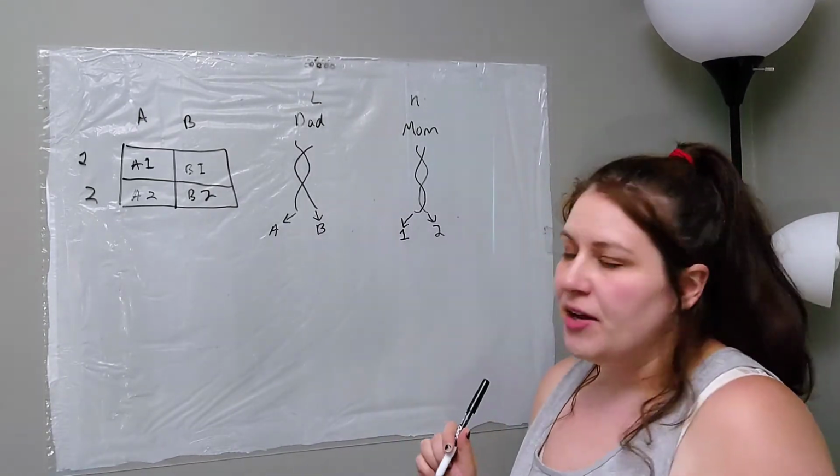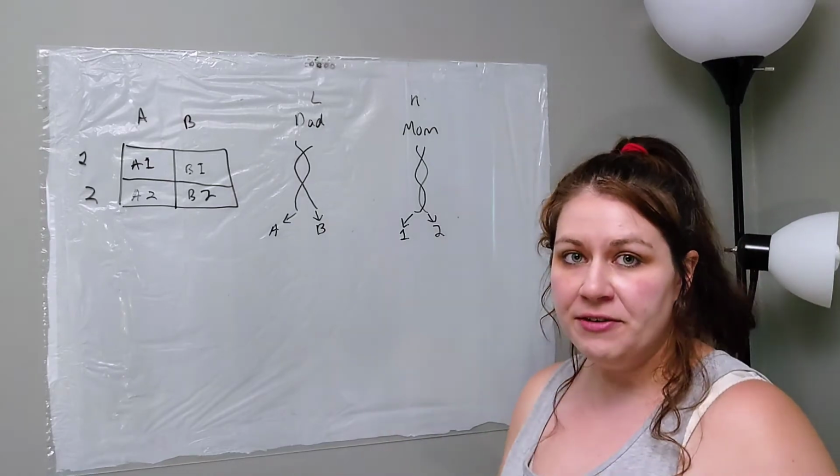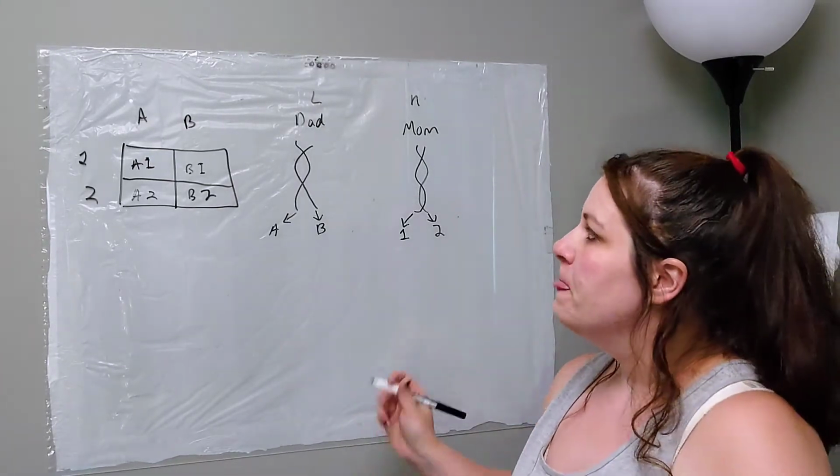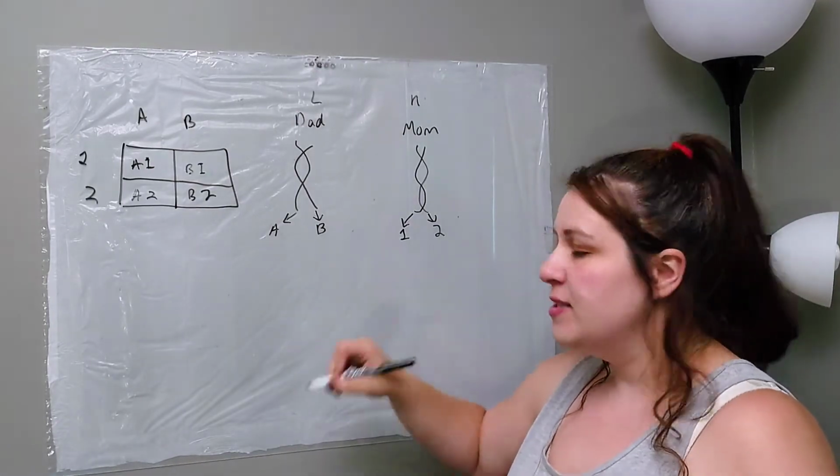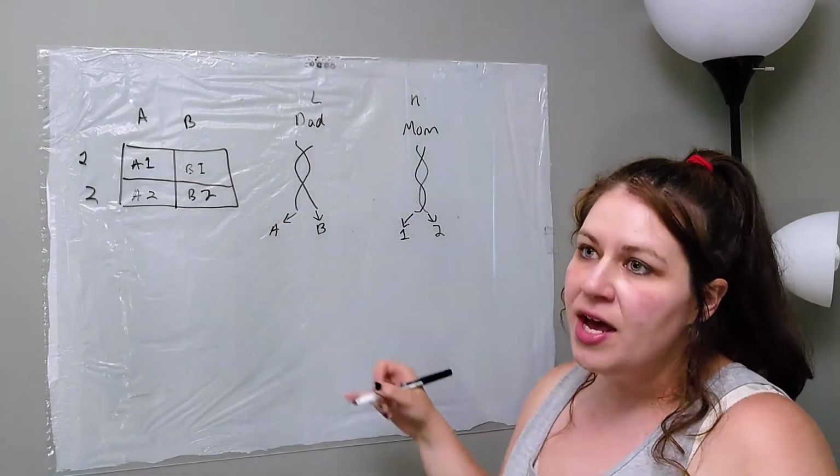If the dad is an anery, I'm going to use N to signify the anery gene. That means, at least in this case, anery shows up on both sides.